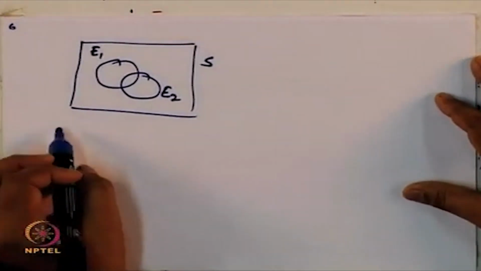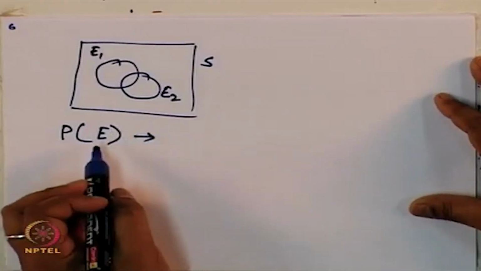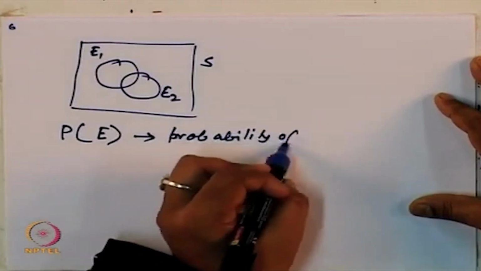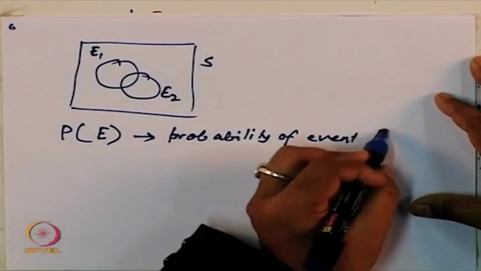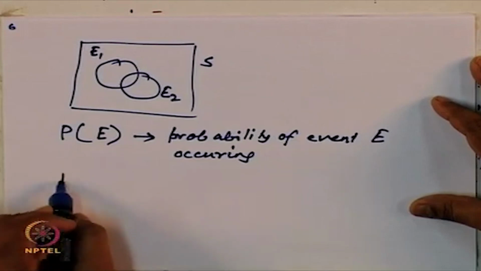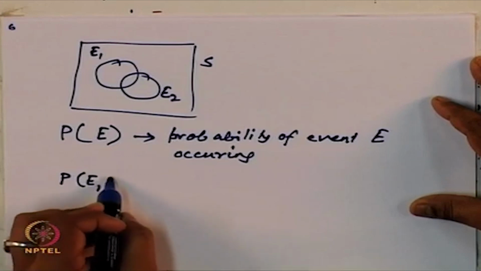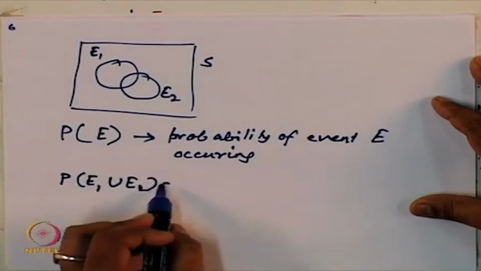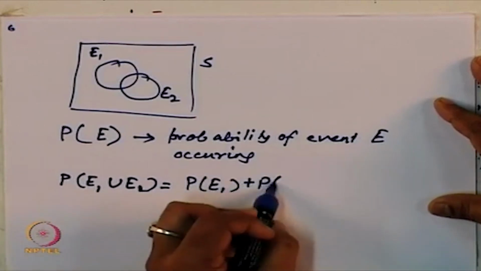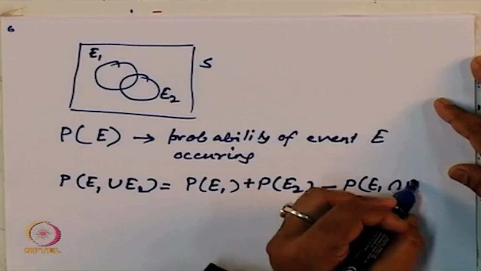Probability of E generally designates the probability of event E occurring. So, probability of E1 union E2 is given by the expression probability of E1 plus probability of E2 minus probability of E1 intersection E2.